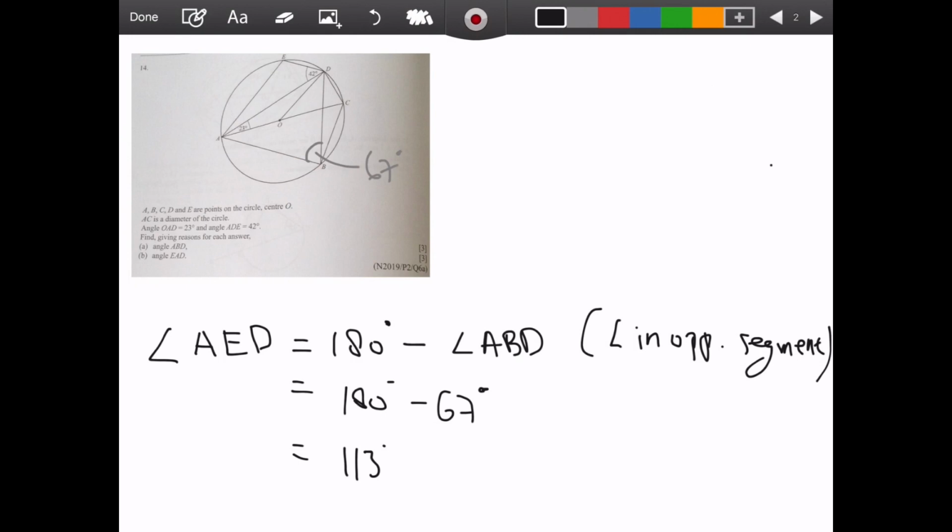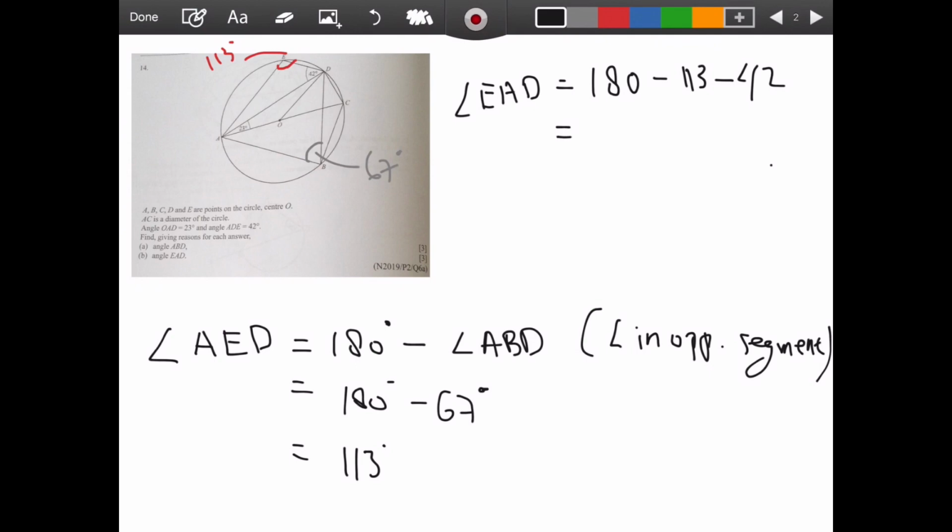We also know angle ADE, right? So let me just write it down here. This one, angle AED, is equal to 113 degrees. So what is the angle EAD? This is easy, right? Because this is just the sum of angles in a triangle. 180 minus 113 minus 42.